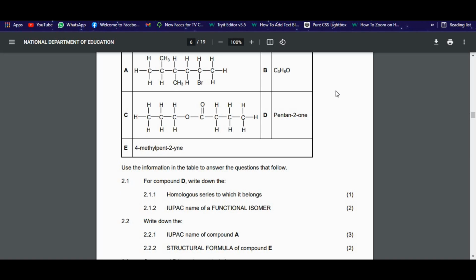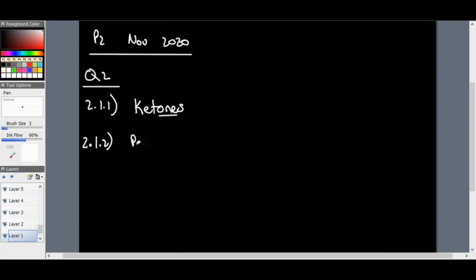I'm more of a visual person, so if I can't picture it in my mind too well, I would take the not so well drawn picture in my brain and put it on paper, and then it's a little clearer. That's the type of learner I am. So the functional isomer of pentan-2-one would be pentanol.